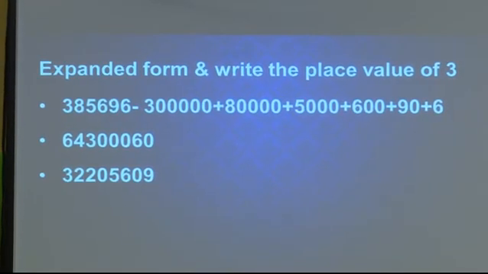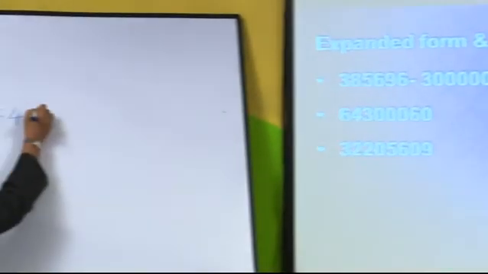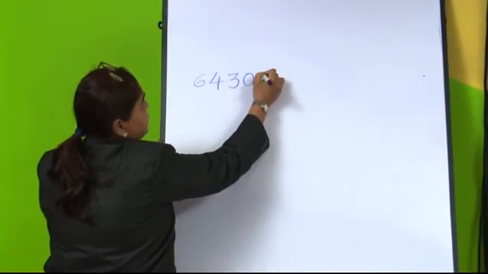I will explain in short how to write this number. What is the place value of 3 in the first? Anybody? I told you to insert the commas after 3 digits and 2 digits. What will be the place value? Yes, it is lakh. So, it is 3 lakhs. We will find out in the second question what the place value of 3 will be.